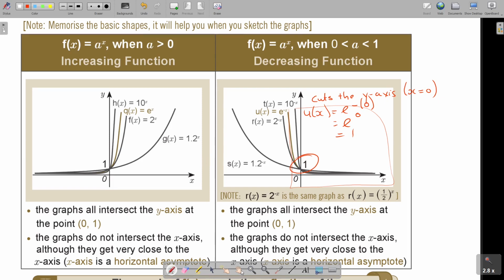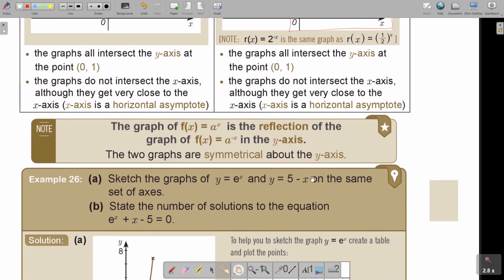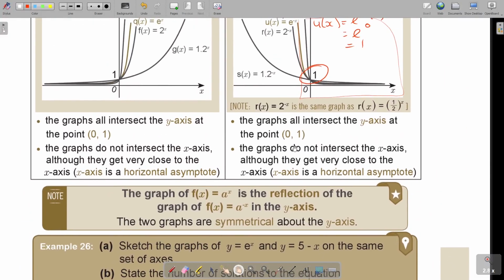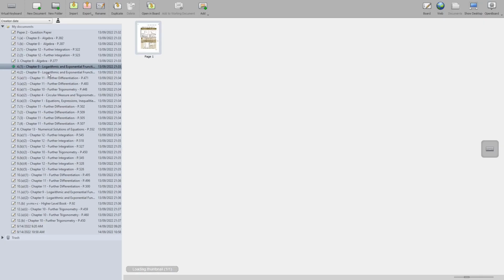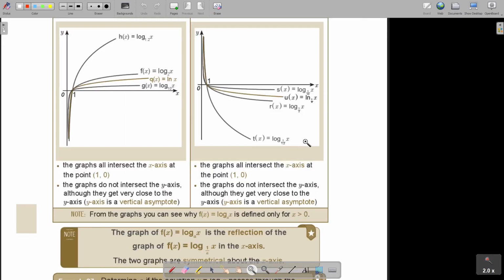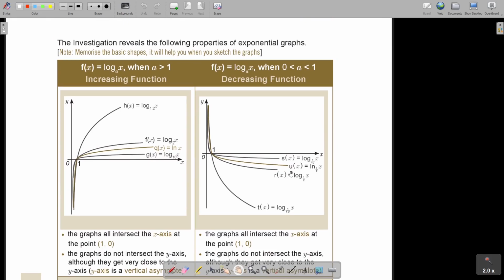Okay, if I go up, I just want to show you another page. Now, this one was not asked, but I just want to show you, especially for this examination, and this is referring to basic shapes. You remember now the previous one.